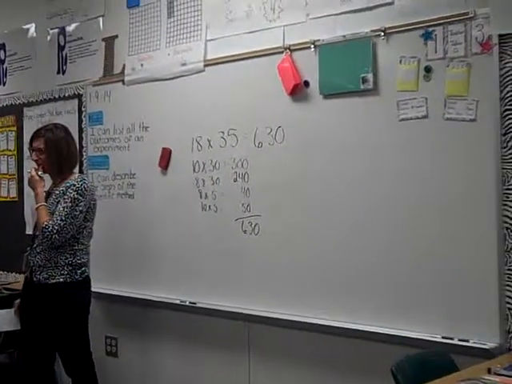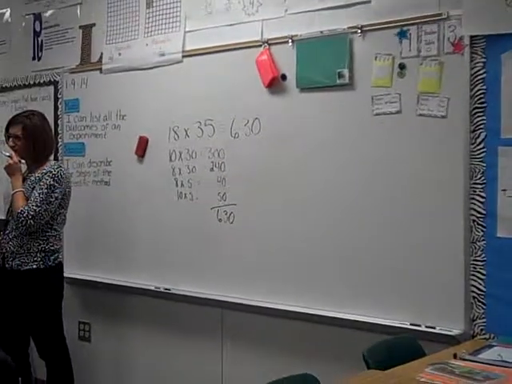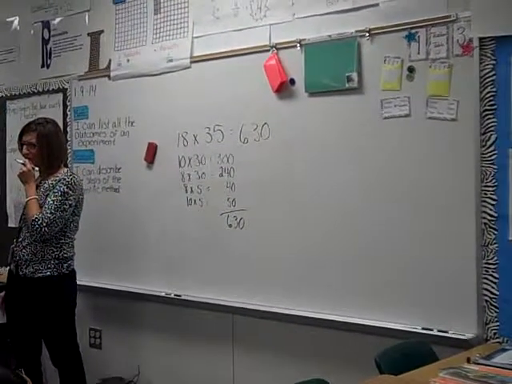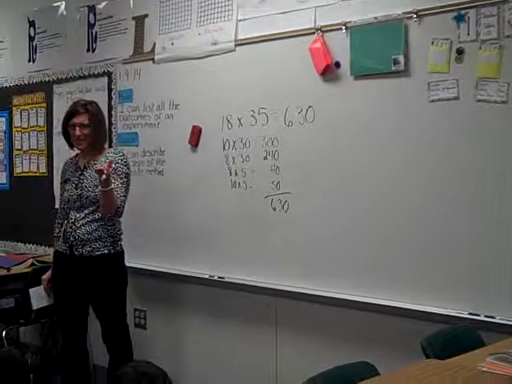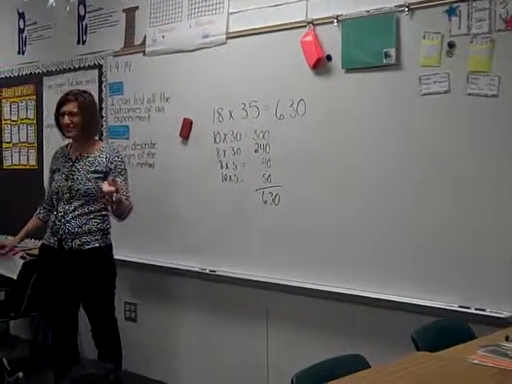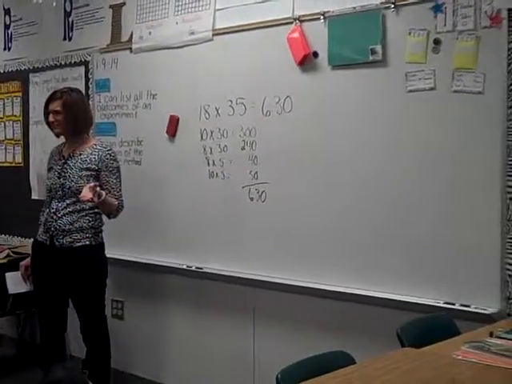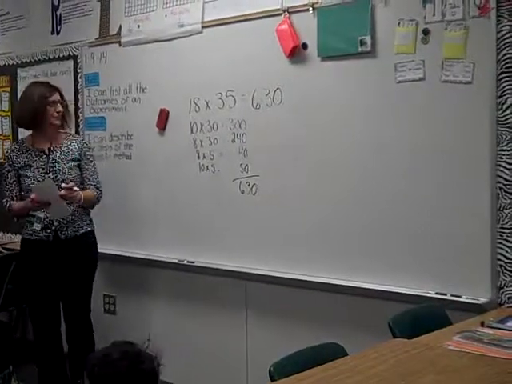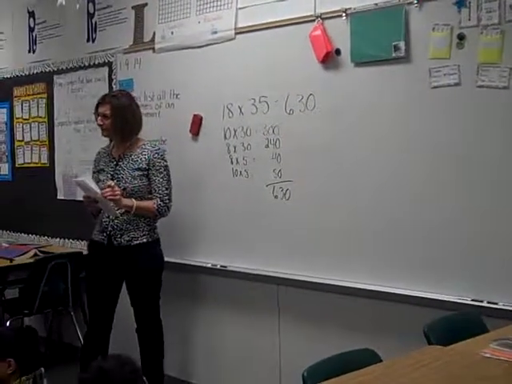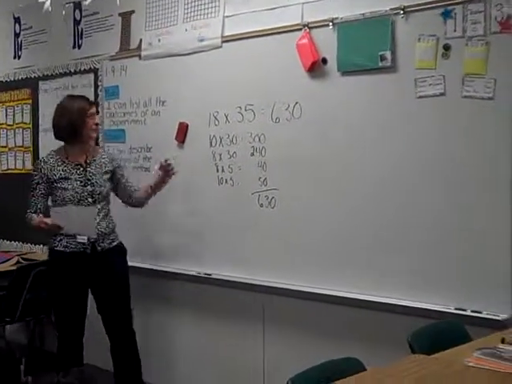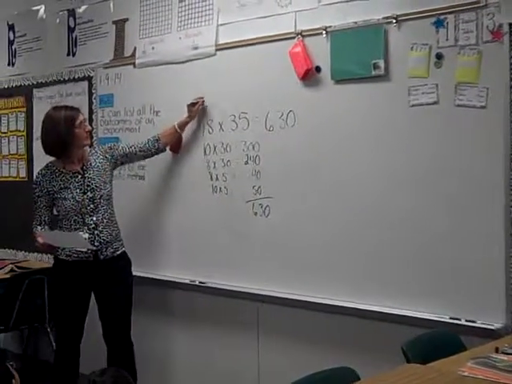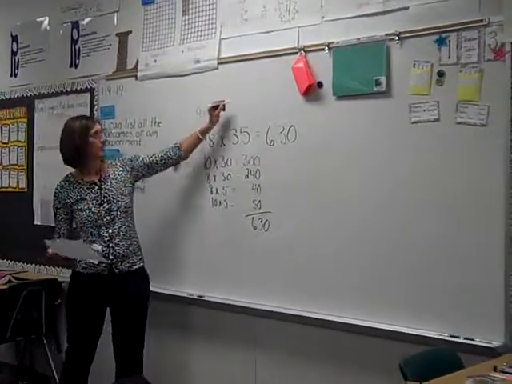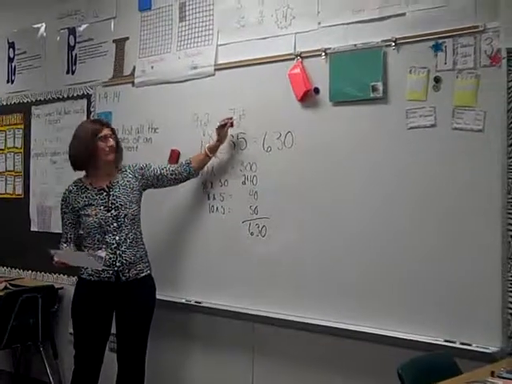Gabby? Some of you said, oh, I know that answer, we just did that. Because we had 4 numbers, and there was 9 times 2, which is 18, and there was also 7 times 5, which is 35. And that makes 630.